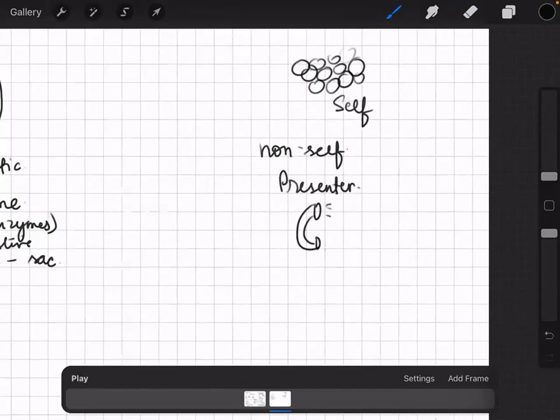So what you do is send a chemical signal which works like a call. So I'm going to say chemical call, which tells a certain number of immune response cells to come to the site of infection and then kill the non-self cells.